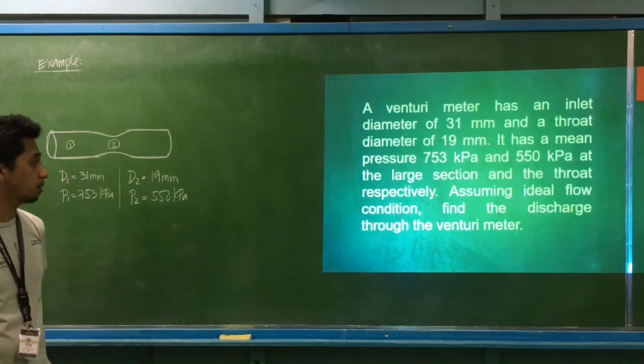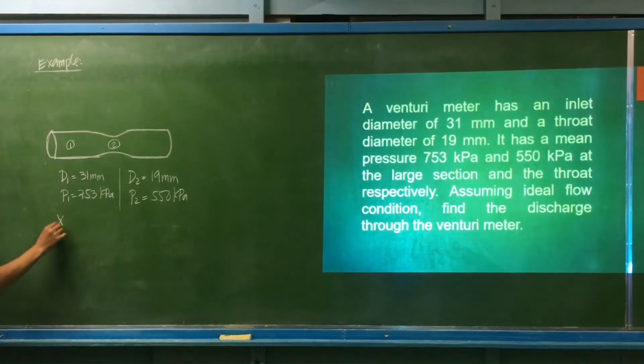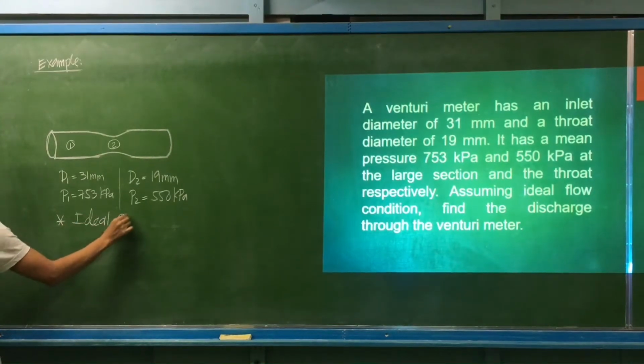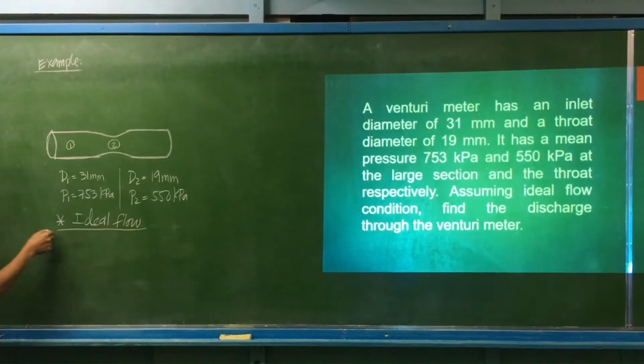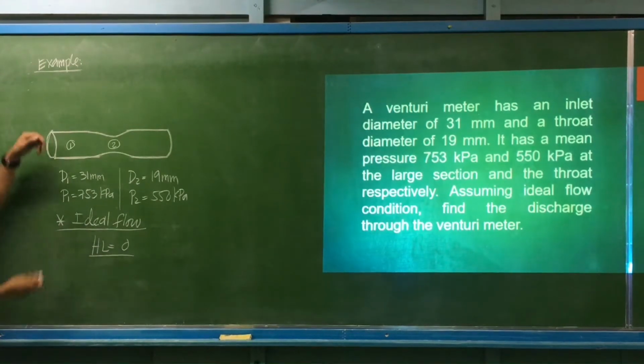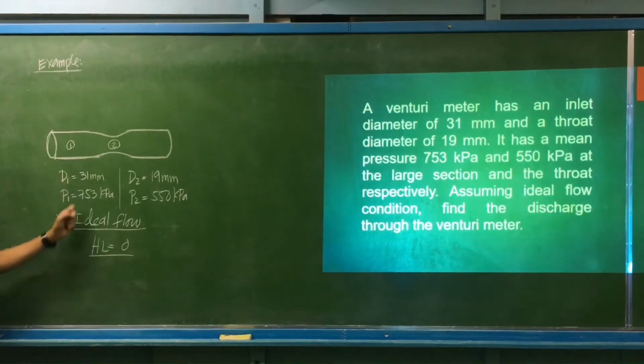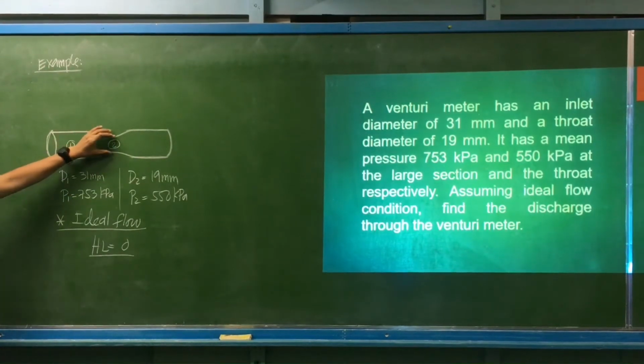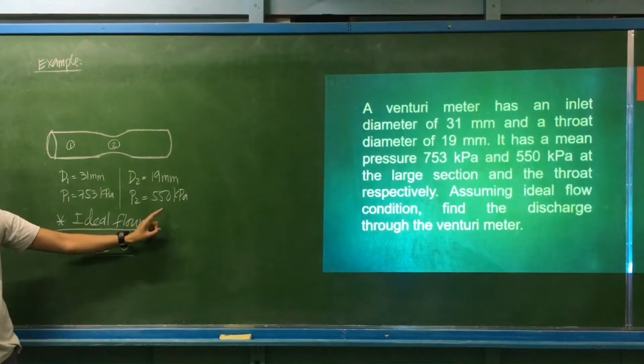Assuming ideal flow condition, okay, pag ginamit yung term na ideal flow, laging ina-assume dito that the head loss should be equal to 0. So kung mapapansin nyo, bakit dito sa normal size ng pipe mataas yung pressure, then biglang lumiit, then bumaba yung pressure.